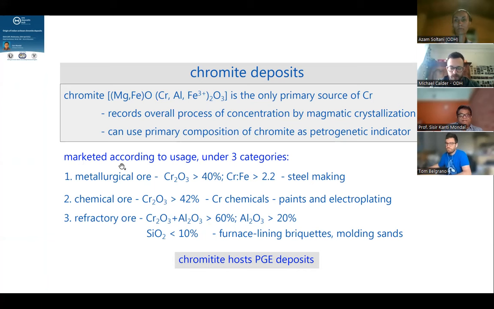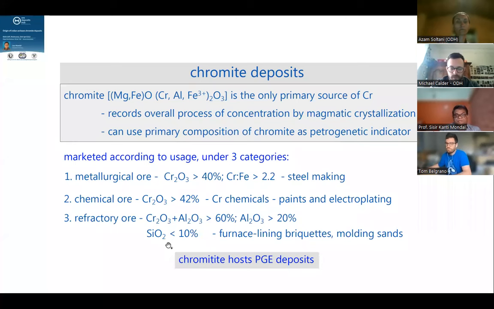They are marketed according to users under three categories. One is metallurgical ore, where Cr2O3 should be more than 40%. We have chemical ore, where Cr2O3 should be more than 42%. We have refractory ore, where Cr2O3 plus Al2O3 should be more than 60%, and Al2O3 is a very important component where it should be more than 20%. However, SiO2 should be less than 10%.